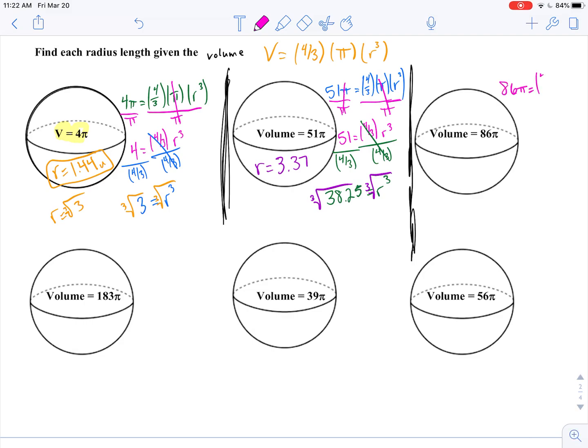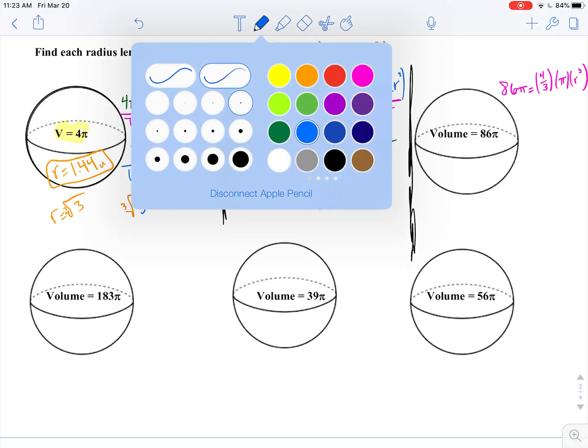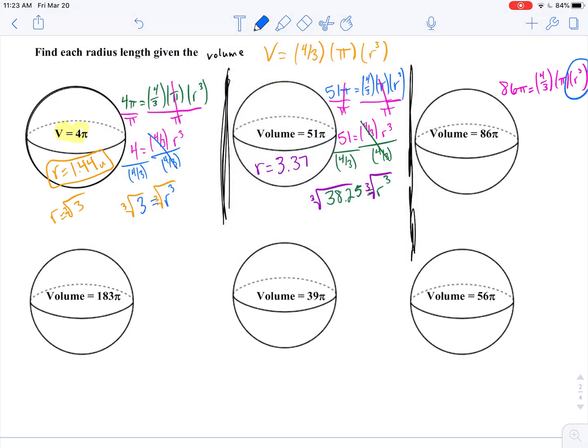So let's do just that. So 86 pi equals 4/3 pi r cubed.